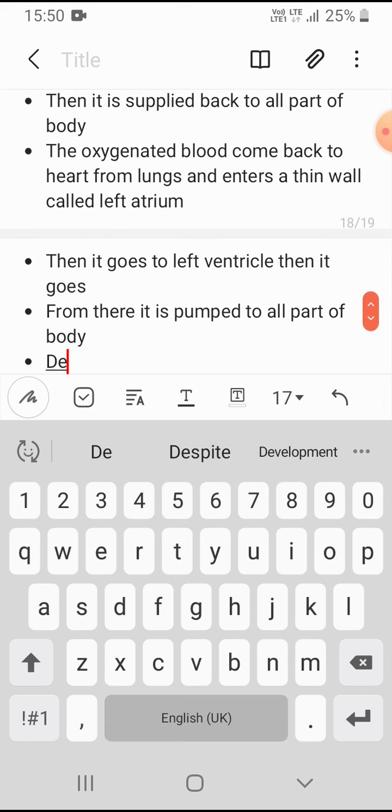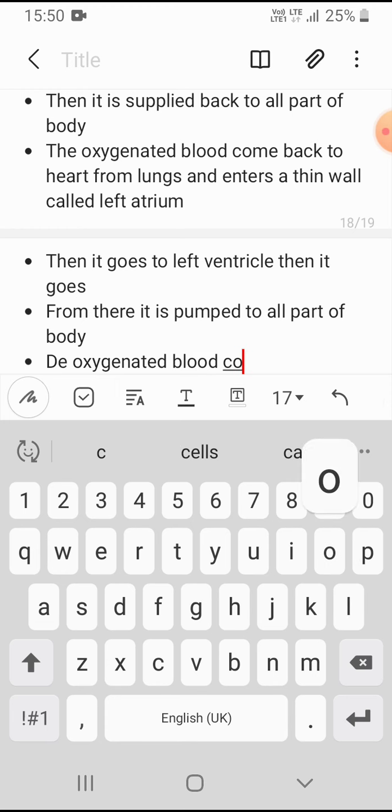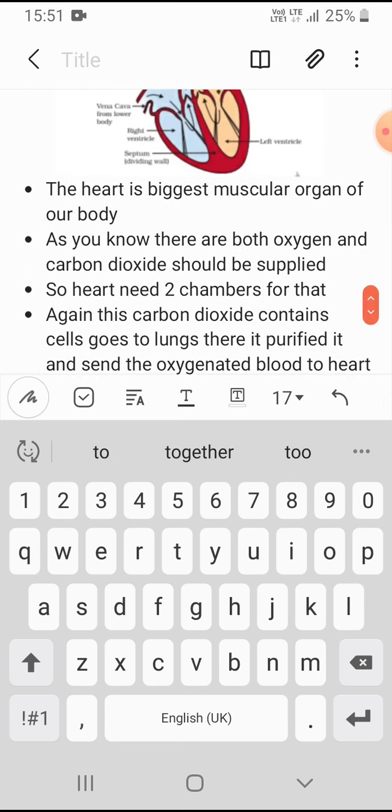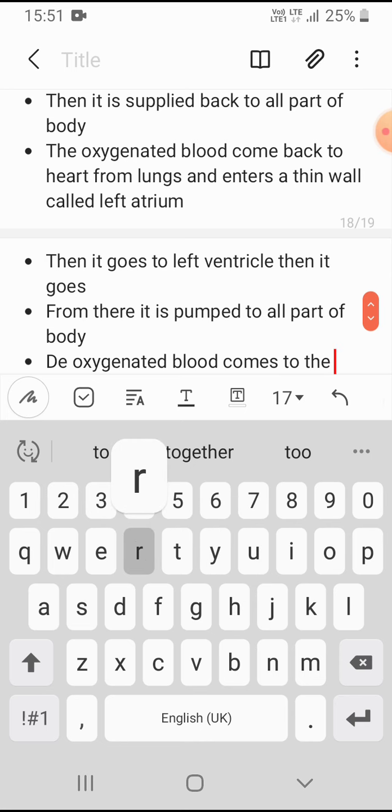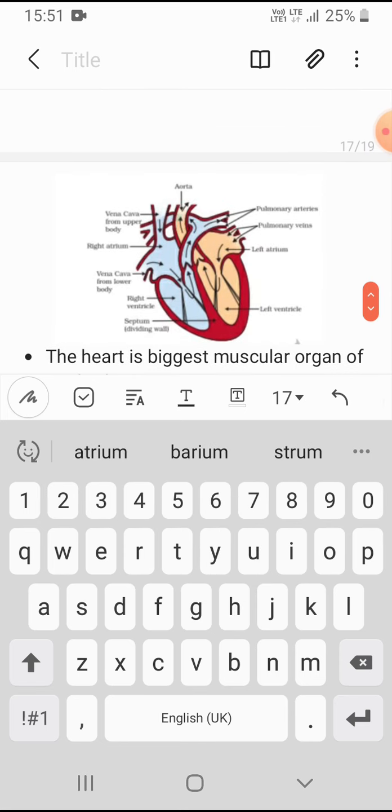Afterwards, deoxygenated blood comes to the right atrium. Here you can see the right atrium. There it comes.